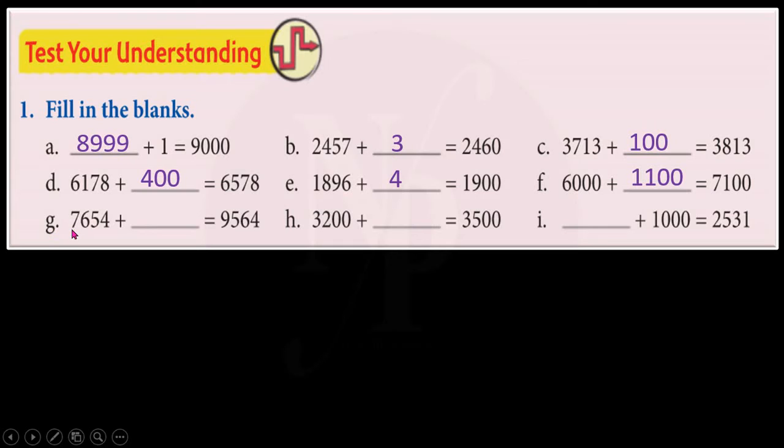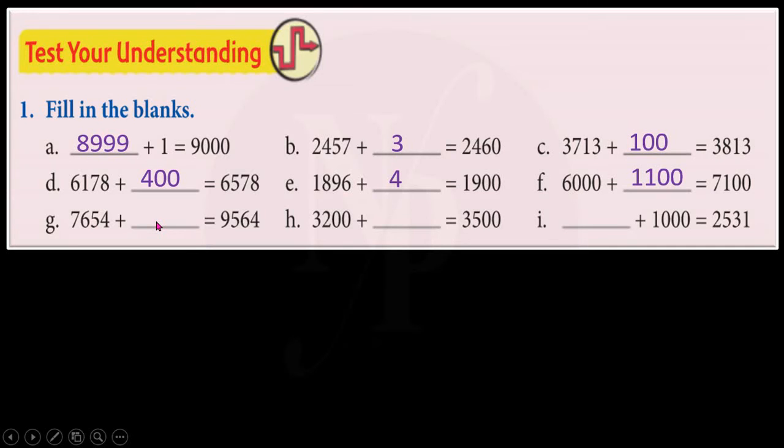Here, G: 7,654 on adding a number becomes 9,564. So here to find the required number, what you can do is subtract 7,654 from 9,564 to get the required number.